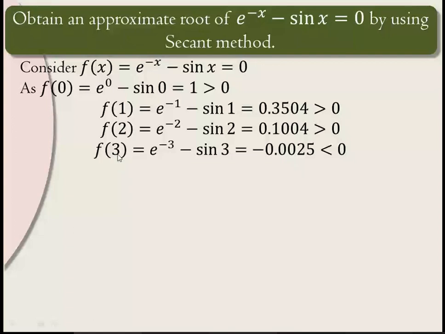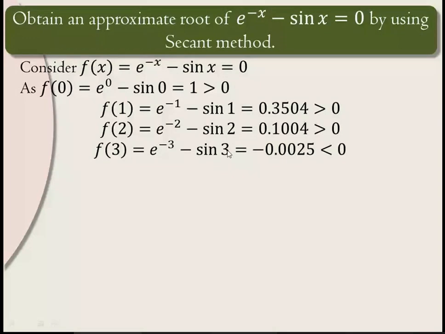Always consider the successive values, by that the number of iterations gets reduced. You can take the interval 1 to 3, no problem, since this is positive and this is negative, but the number of iterations will increase. To reach the approximate value, the number of steps will increase. So take the successive 2 values. If you want, you can check for 2.5, no problem.